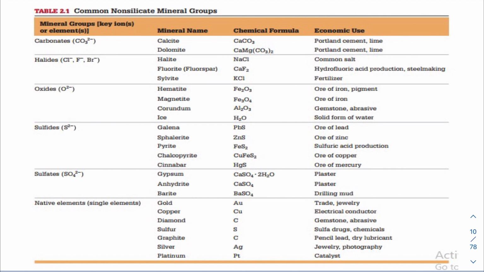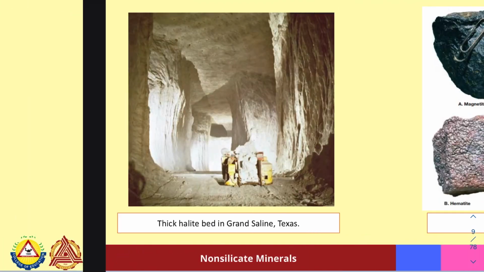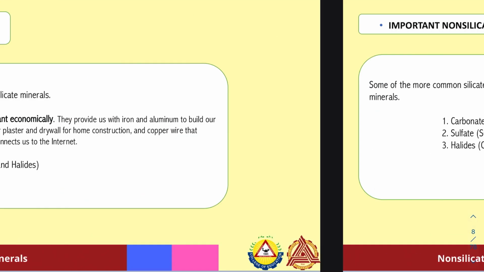So sylvite, having potassium as part of its structure, is used in our fertilizers. And in terms of food security, we really need to secure a large yield of our crops. So you really need these non-silicate minerals.